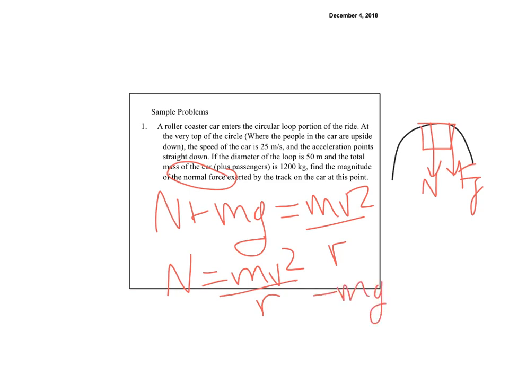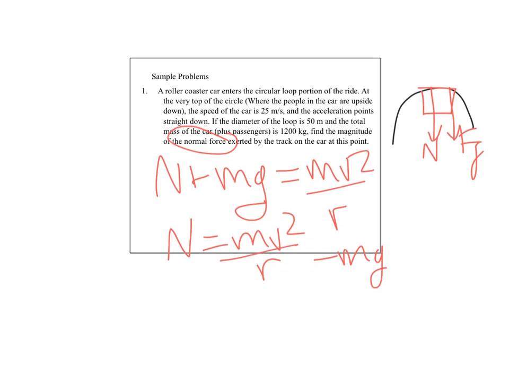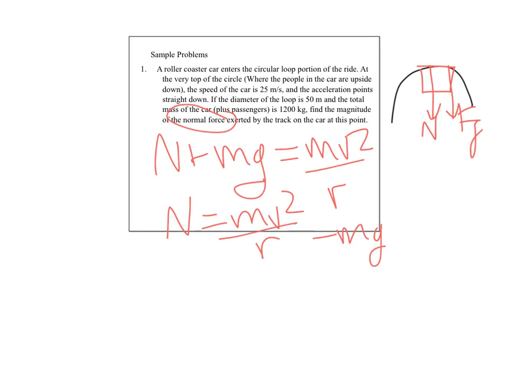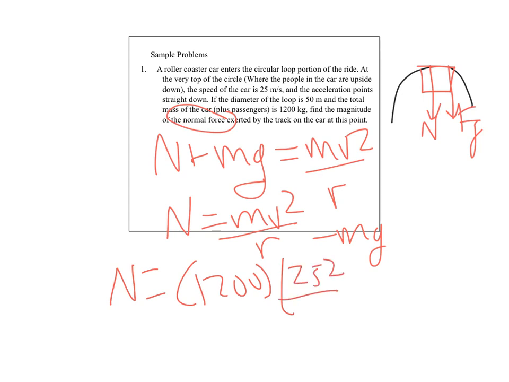So we plug in some numbers. Let's move this up just a tad. We plug in some numbers, and N is equal to, we could probably pull the 1,200 out, so we could say 1,200, and then we would have v squared, which was 25 squared over r. Remember, r is not 50, r is 25. Over, oh how nice, over 25, minus 10.